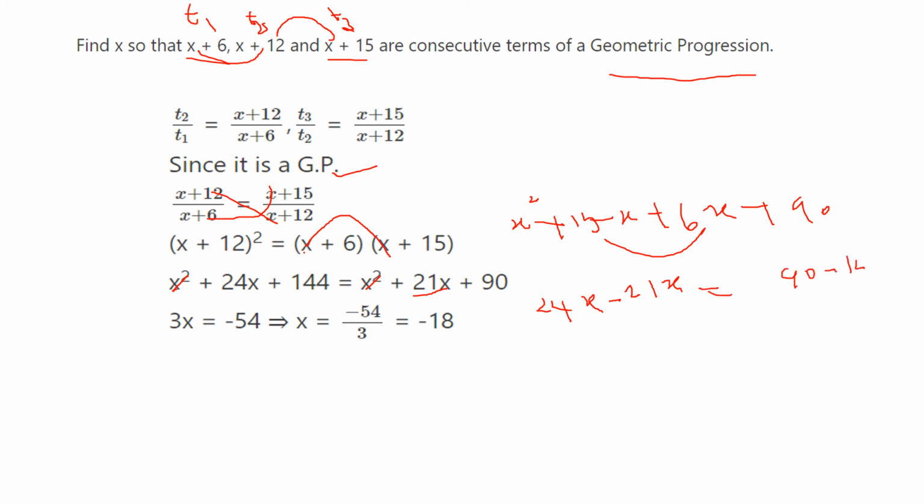That is 24x minus 21x means 3x equal to minus 54. Therefore x equal to minus 54 by 3. This multiply will come to the right hand side as divide. So 1 3 is 3, 1 3 is 3, 8 3s are 24. Therefore x equal to minus 18 is the answer.